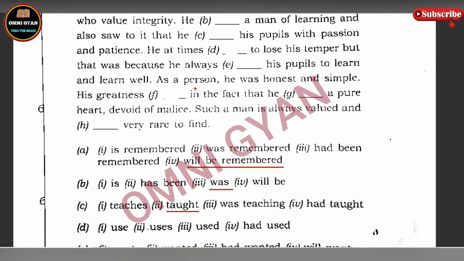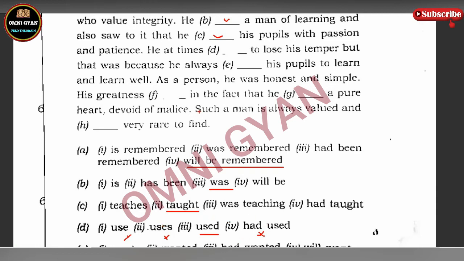So he taught his pupils. So this one also done. He taught his pupils with passion and patience. He at times dashed to lose his temper, but that was because he always. He at times used to. There's only one option here. Use, uses and had used, will not be used. We are talking in present tense, so use and uses are in present tense, and had is for past perfect.